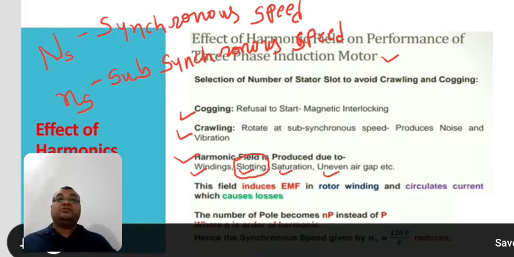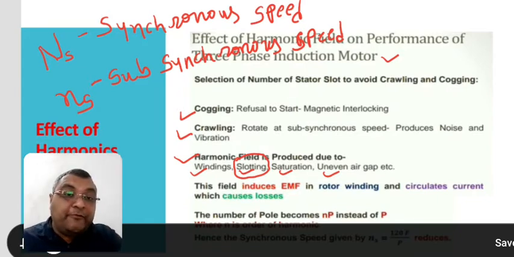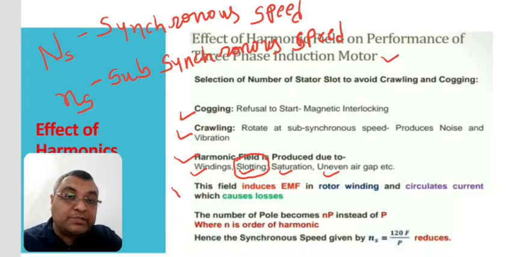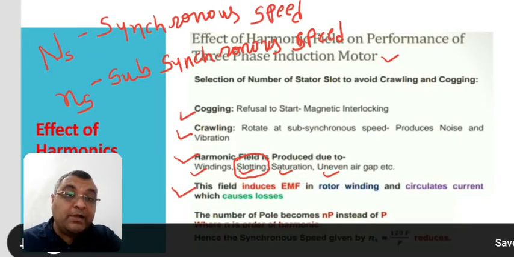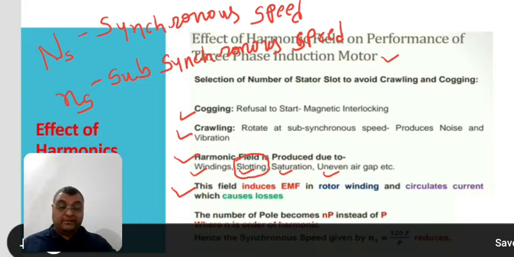Okay, so if this harmonic field is produced, this field induces EMF in the rotor winding. What happens if this harmonic field is produced over here? This harmonic field induces EMF in the rotor winding and circulates the current which causes losses.